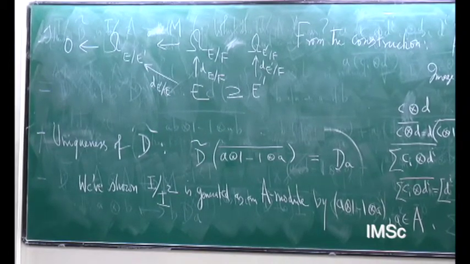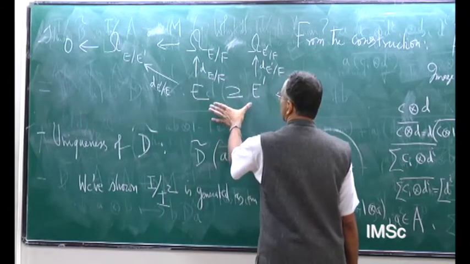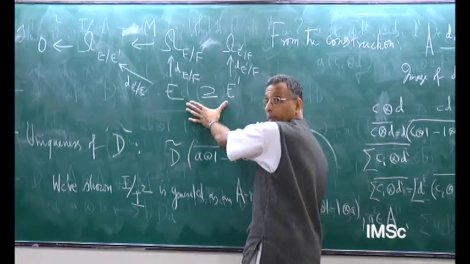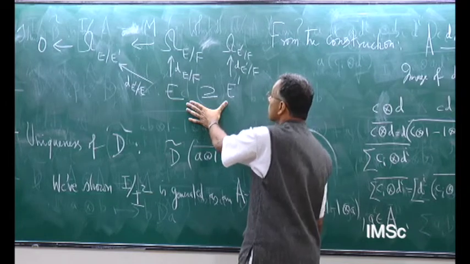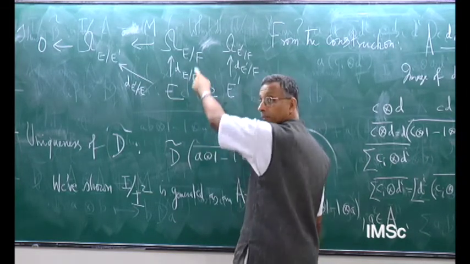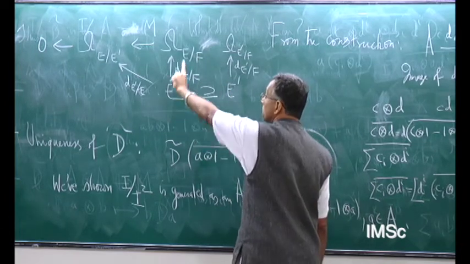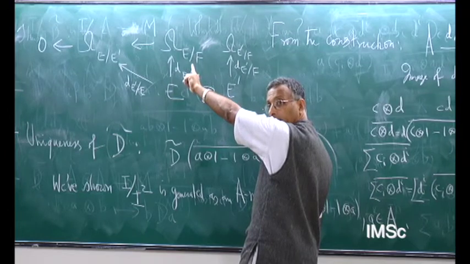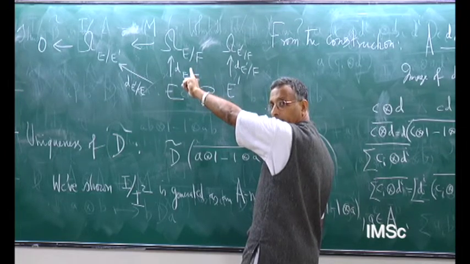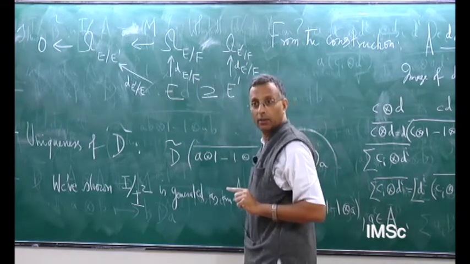We have all that, and this is an E prime linear map. It's a map of E prime algebras. This is an F linear map. This is an F derivation, right? So from here to here is an F derivation.